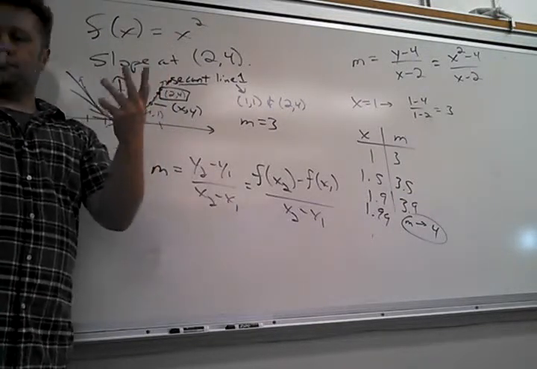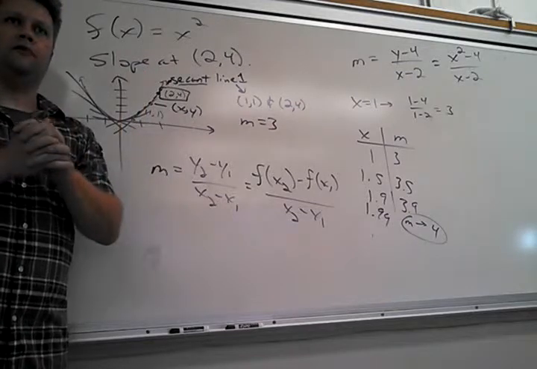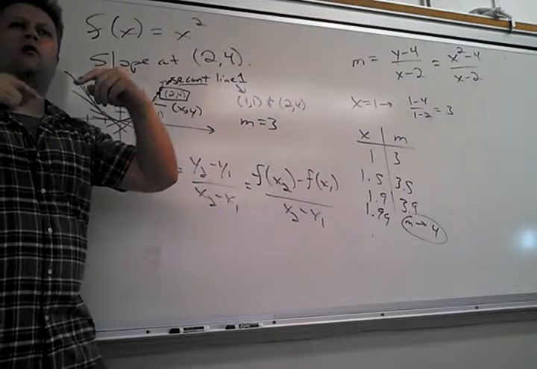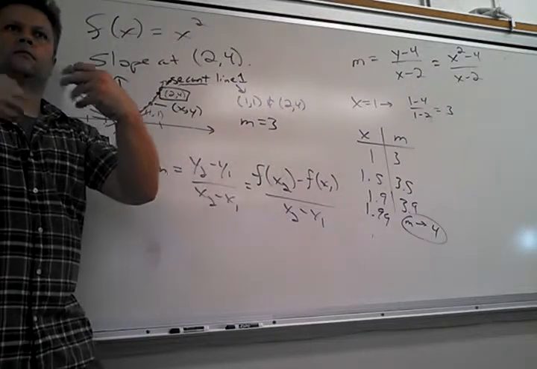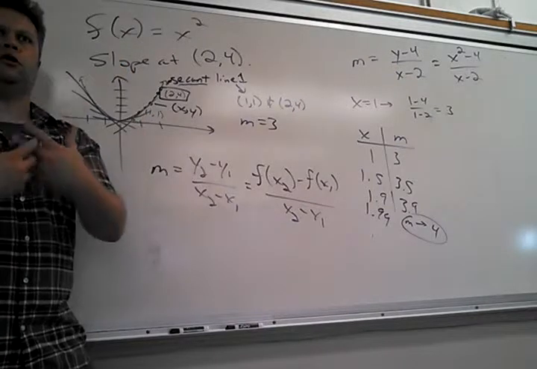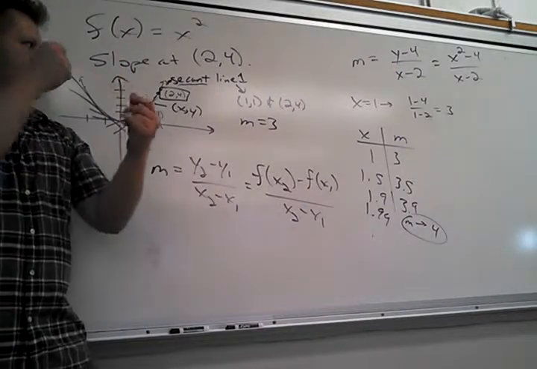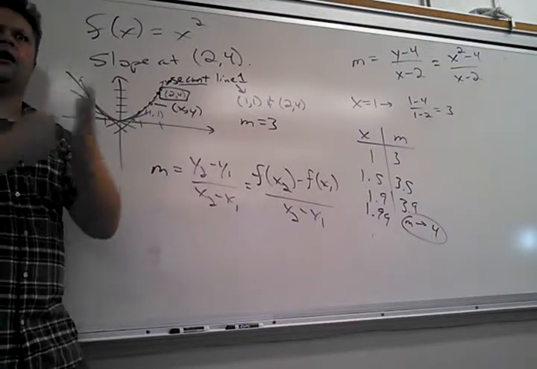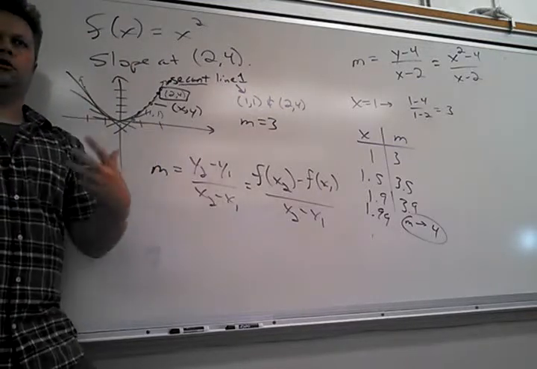But I would argue that's basically 4 for a lot of intents and purposes, right? But that's the shortcoming. So that's why we want a more algebraic way, a calculus way of determining that. A way it's calculated, not observing patterns, but actually calculated. So that's going to be the real way we're going to do it.